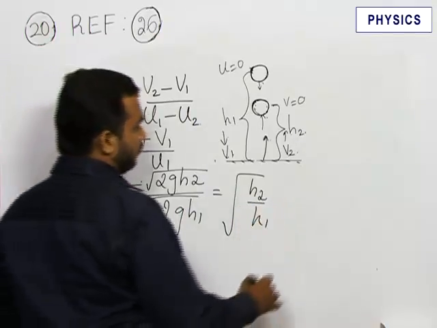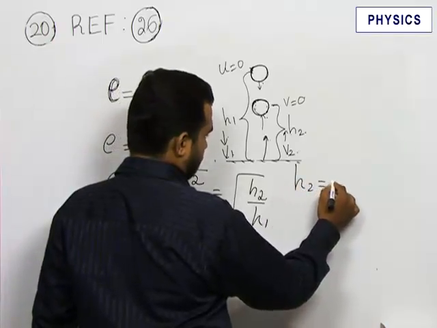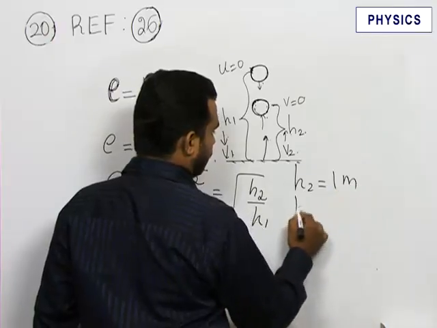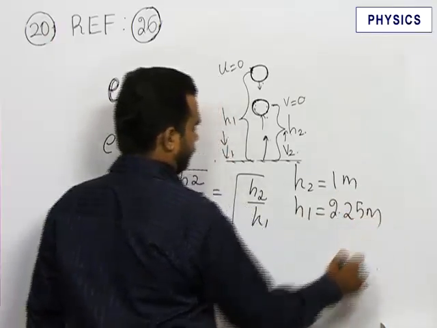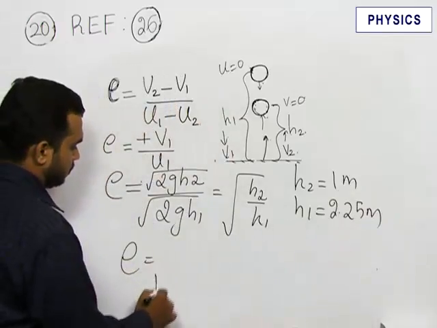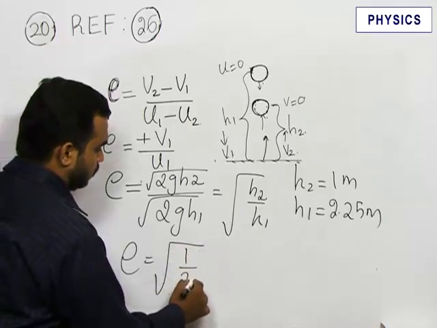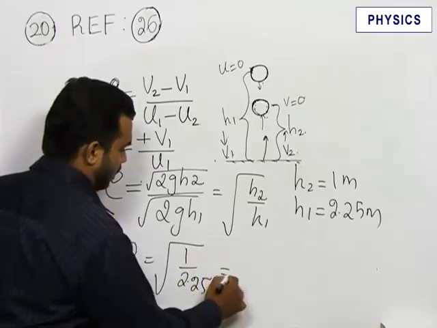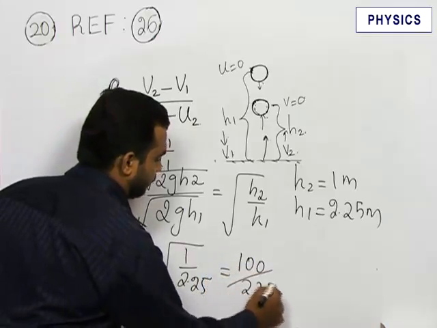Here the value of h2 is given as 1 meter and the value of h1 is 2.25 meters. Substituting here, you will get the value of e. e is equal to root of 1 by 2.25, that is 100 by 225.